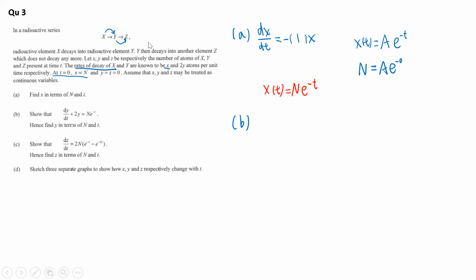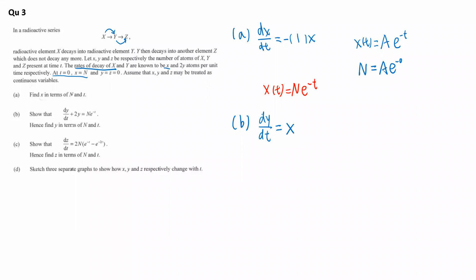So dy/dt, first of all, is given by the contribution from x, which gives you the increase. It's actually given by this term x. And the other process, which makes it decrease, is the decay of y itself.